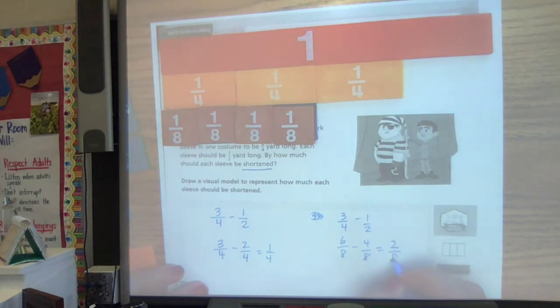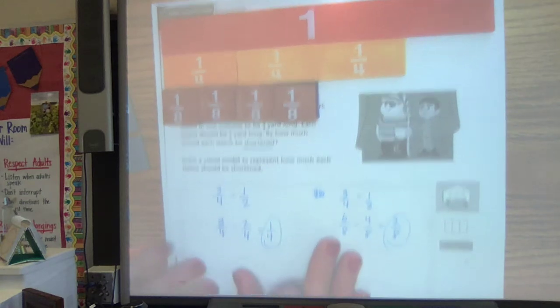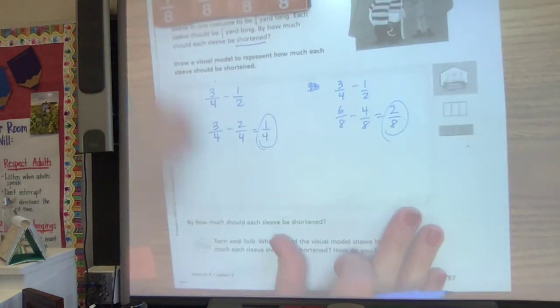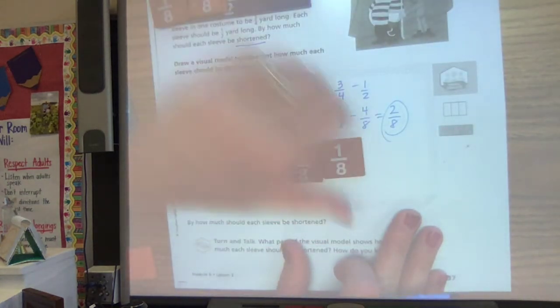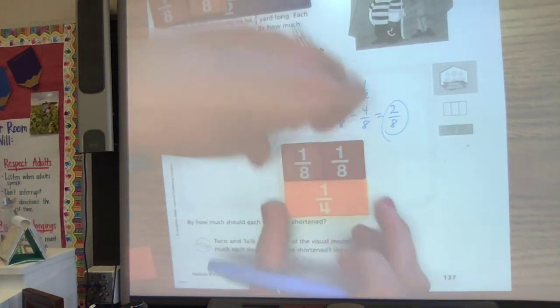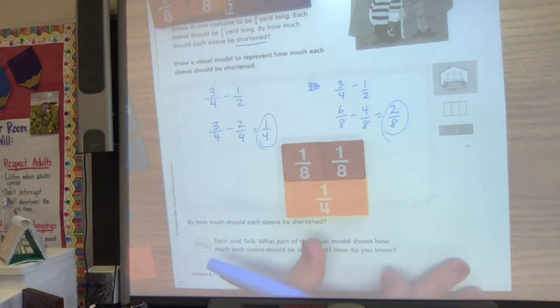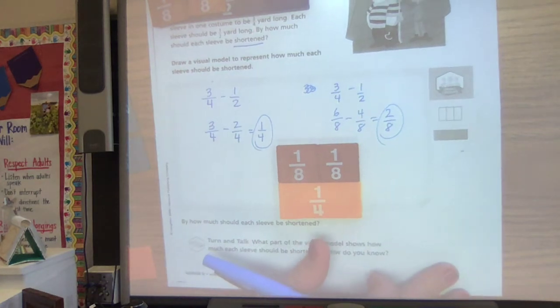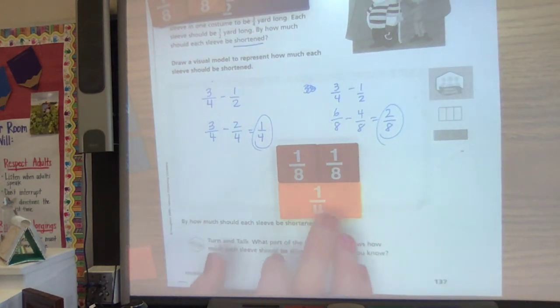And that gives me 2/8. You might say, but over here you said the answer was 1/4. Well, 2/8 and 1/4, we can put them together and see that they are equivalent. Both answers are correct. You could say 1/4 or you could say 2/8.